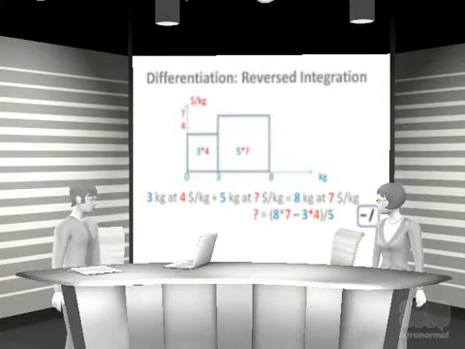When integrated, the area 3 times 4, and the area 5 times the unknown, are added to the total area, 8 times 7. So to find the unknown, we must subtract the first area from the total area, before dividing by 5, to get the per number. And where integration combines multiplication and addition, differentiation does the opposite. It combines subtraction and division.